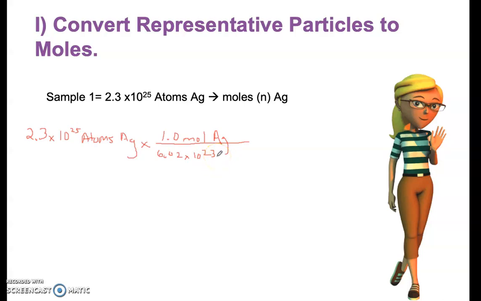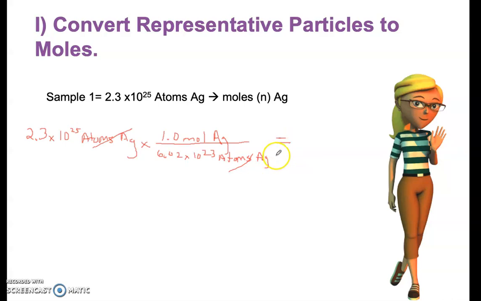But there are 3 types of representative particles: atoms, formula units, molecules. In this case, we're looking at an element, so it's going to be atoms Ag. Now our atoms here and our atoms here can cancel.